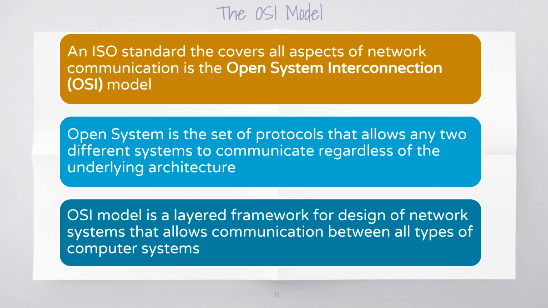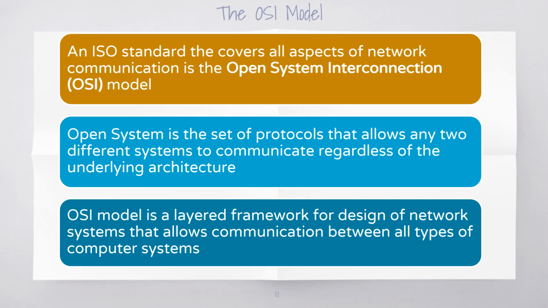It is not that a specific vendor can only communicate with that vendor. It is not only Lenovo that can communicate with Lenovo or Dell with Dell. Communication is a general aspect. Irrespective of the manufacturer, the vendors, or the underlying architecture, the communication has to happen.